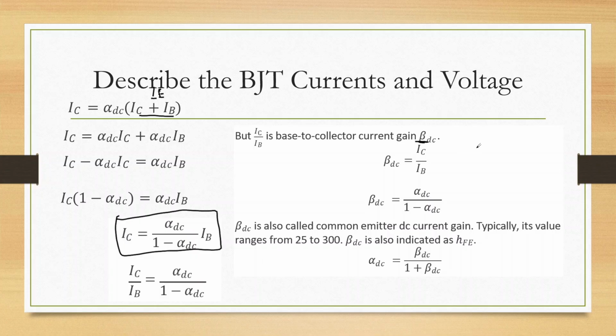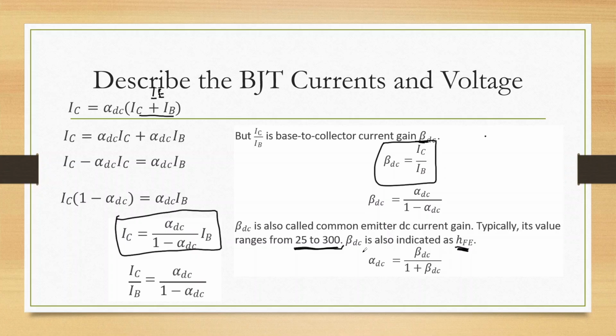So you can write beta, the base to collector gain, as IC by IB. So beta value is alpha by 1 minus alpha. So it is the common emitter DC current gain. Its value typically ranges from 25 to 300, and it can also be indicated using the H parameters.